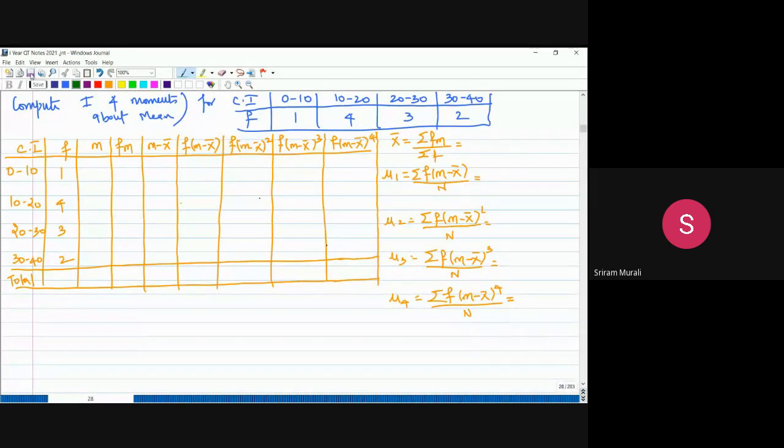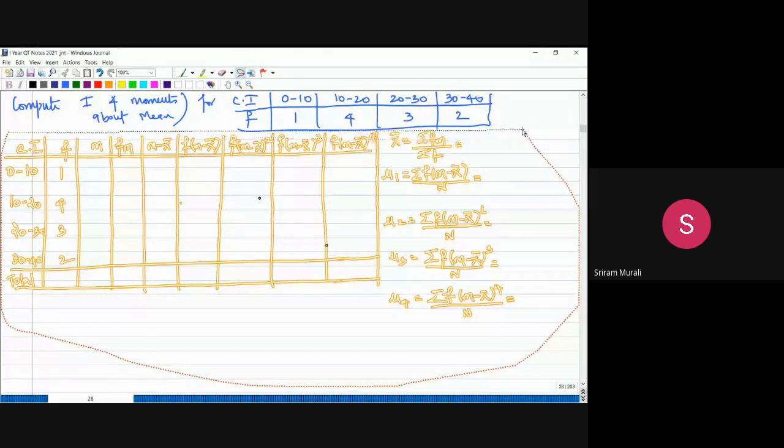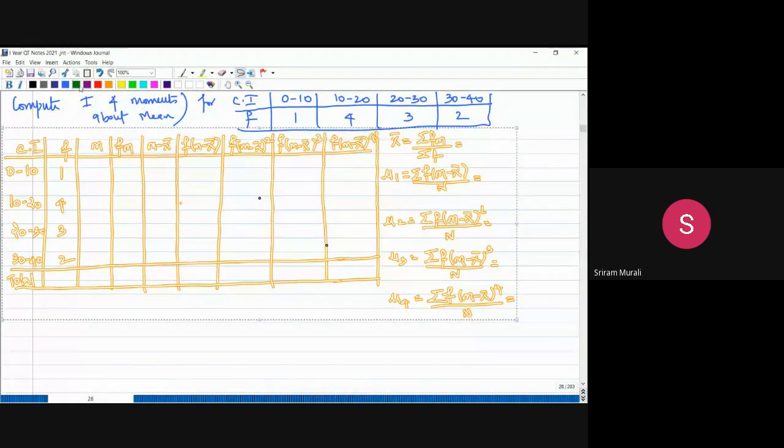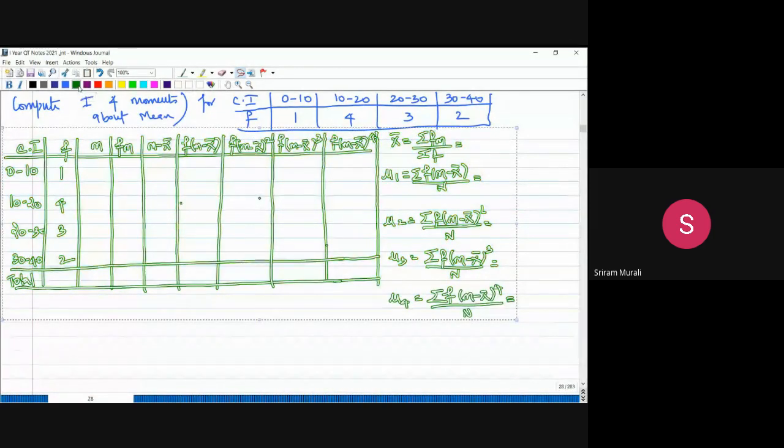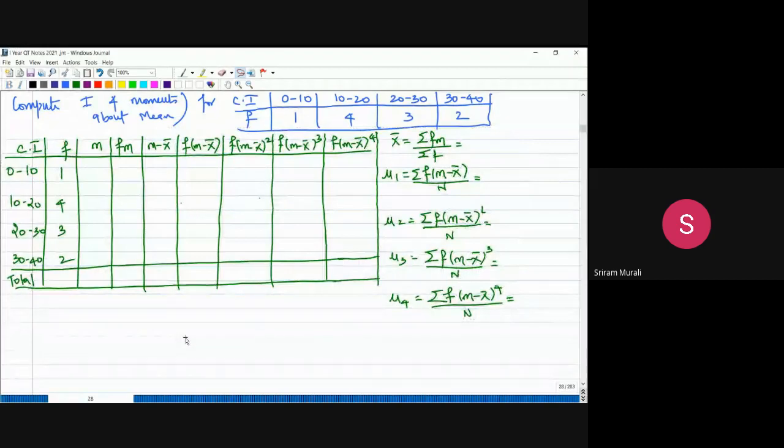So this is for a continuous series. You can see this data. So class interval, basically it should be continuous as I said.